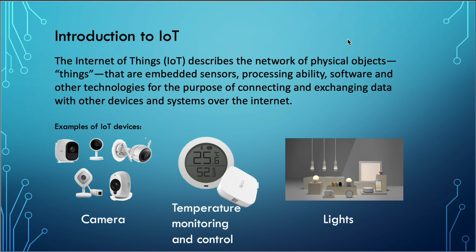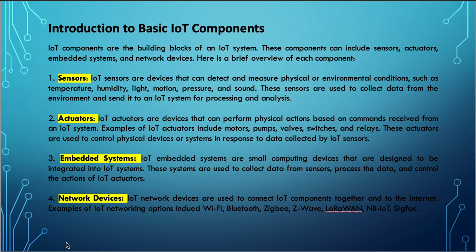And when that IoT device is directly connected to the internet, it will become a part of an IoT system, or part of the Internet of Things itself. Let's quickly go to the definition of IoT networks.